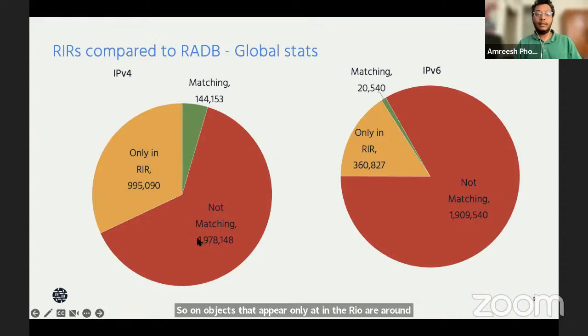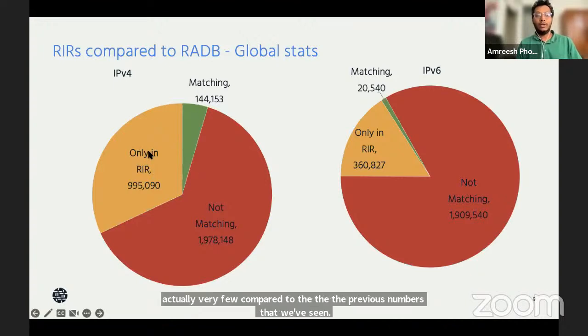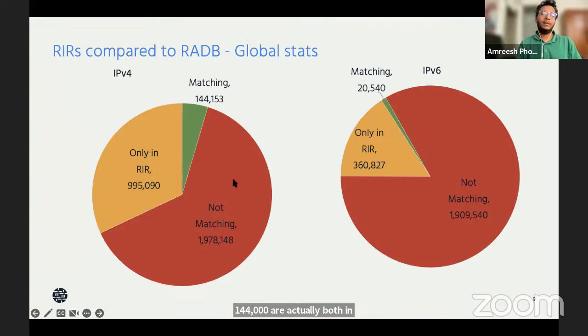Objects that are not matching are around 2 million, which means they're objects that were found in RADB but not found in the RIRs. And objects that are matching are actually very few compared to the previous numbers we've seen. 144,000 are both in the RIR databases and in RADB.